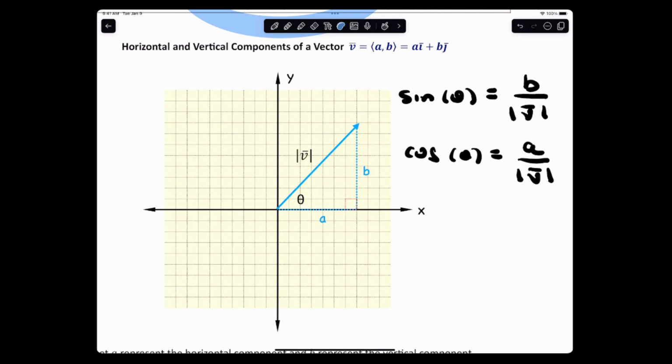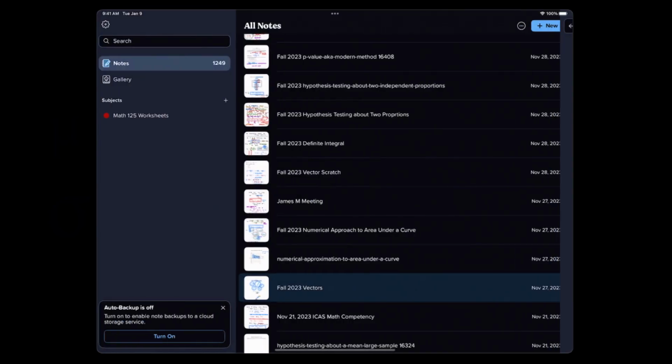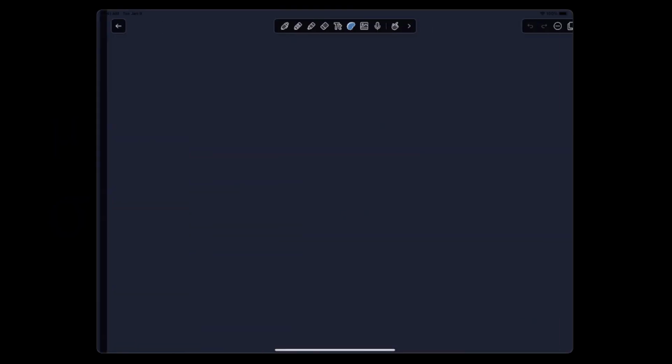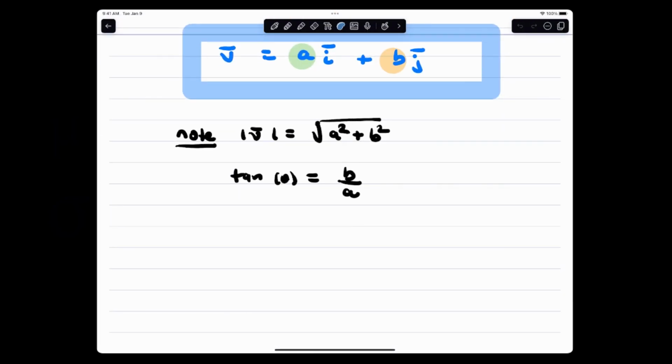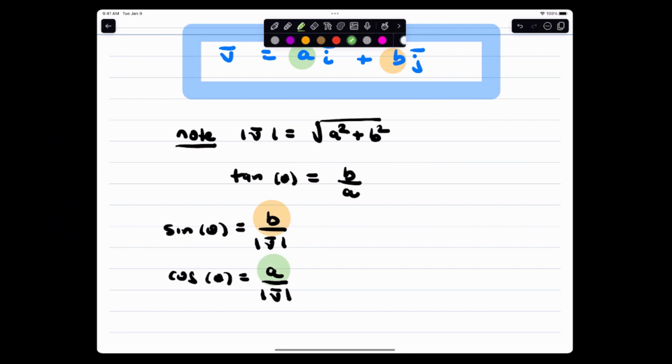So I'm going to copy this here because this is also important. You see, I can solve for these variables. I can solve for b, and I can solve for what? I can solve for a.